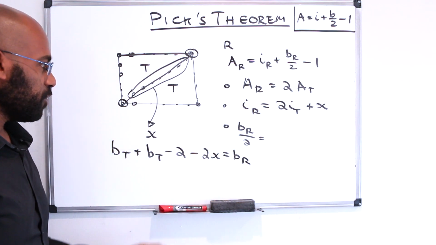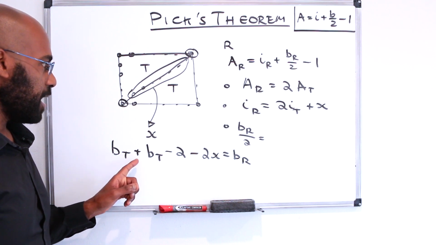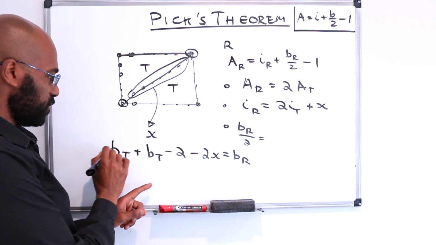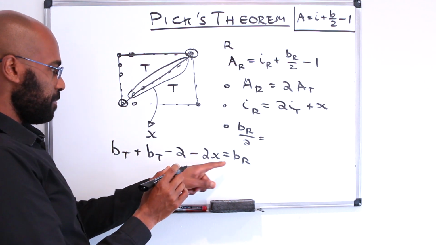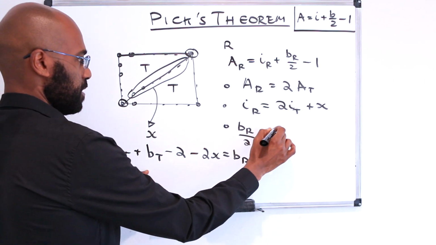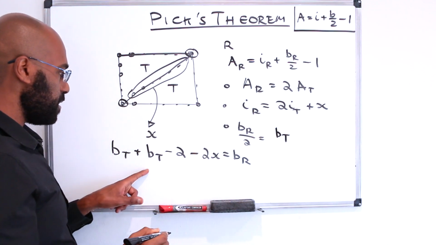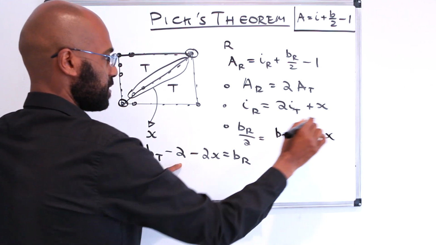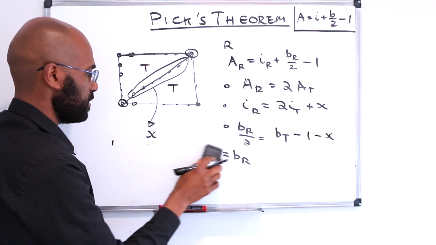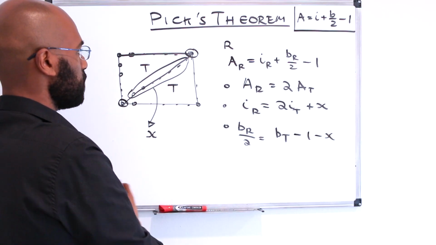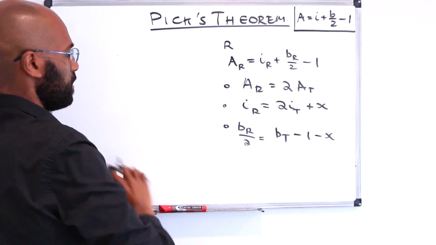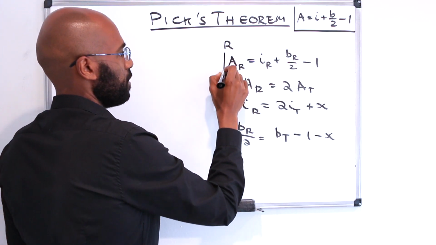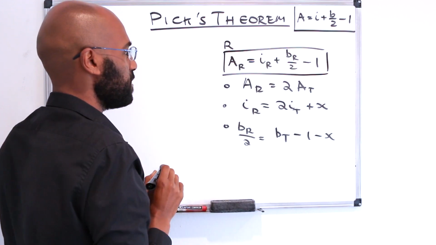Okay, so if we rearrange this and divide by 2, because we have 2 copies of BT here, we get BR over 2 is B sub T minus 1 minus X. So let's piece all of this together and see what we come up with. So the information we're given is that we know from earlier that Pick's theorem holds for rectangles.